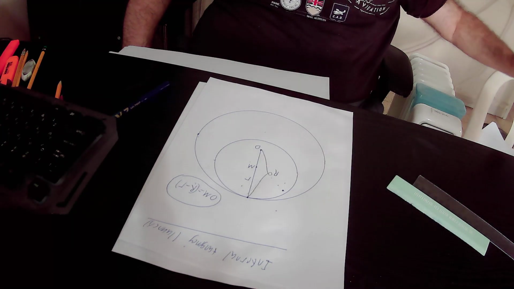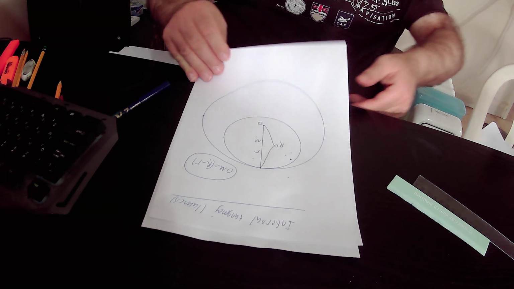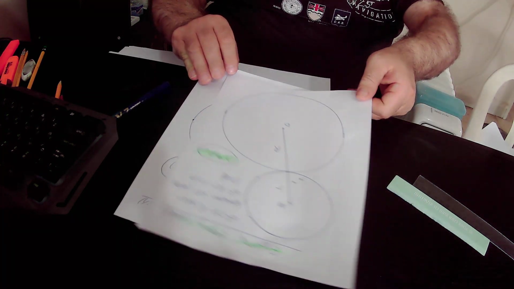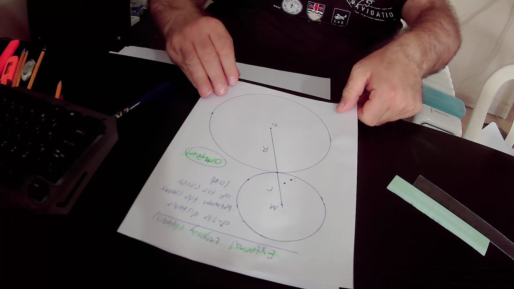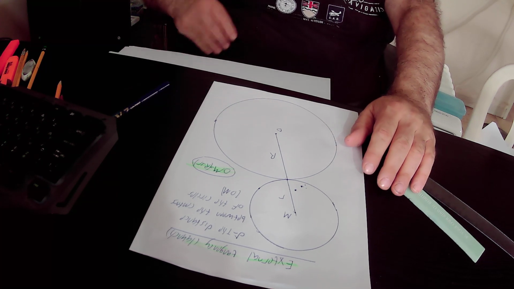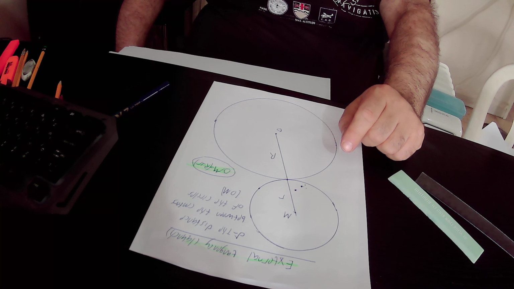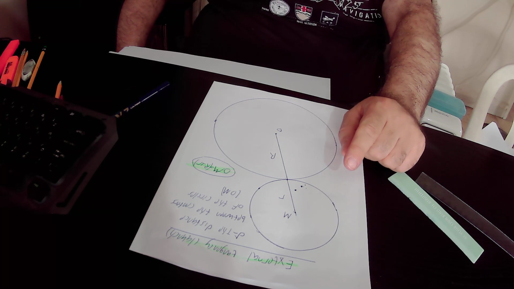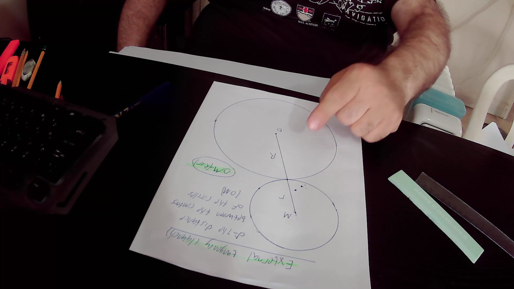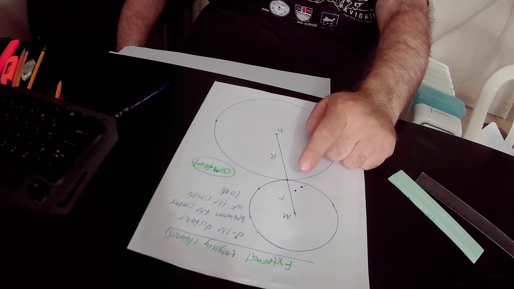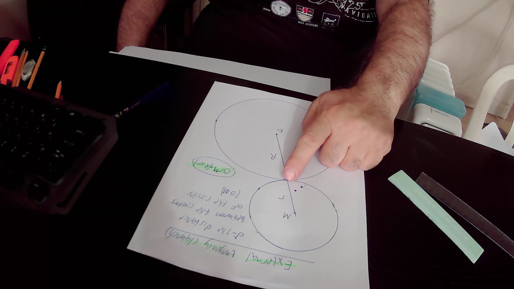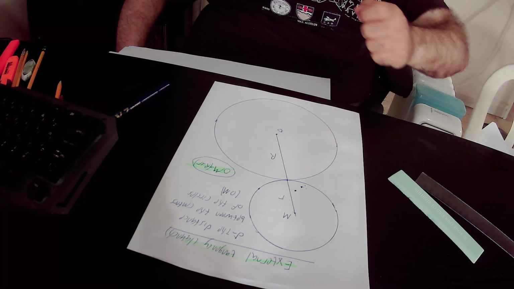The first type of tangency between two circles is the external tangency. When the two circles touch each other externally, it is defined as external tangency. Those two circles are touching each other at this point. This is the point of tangency.